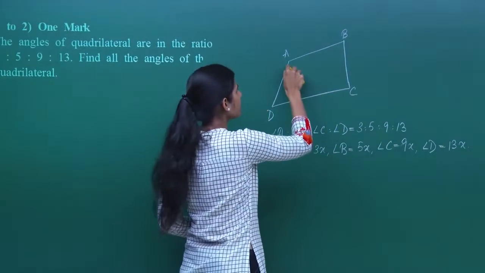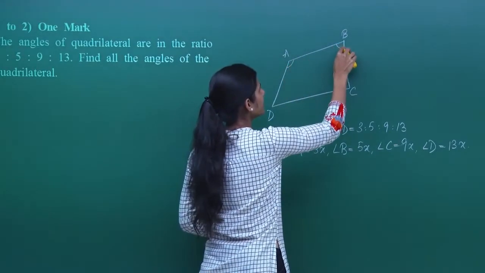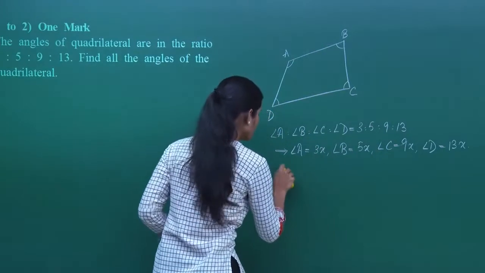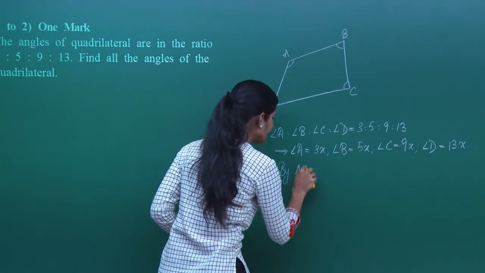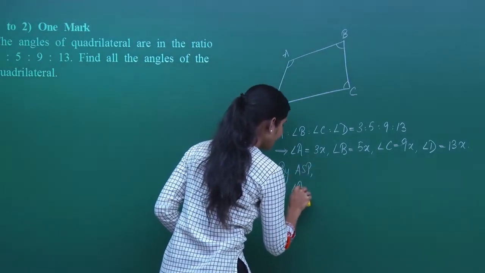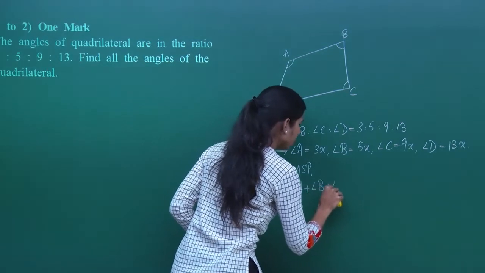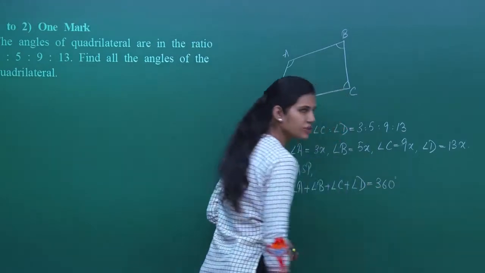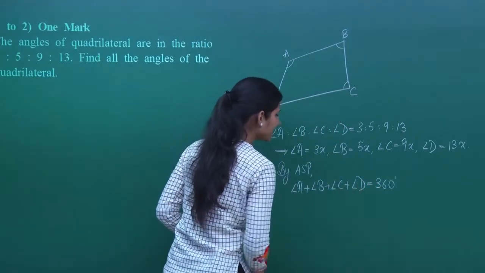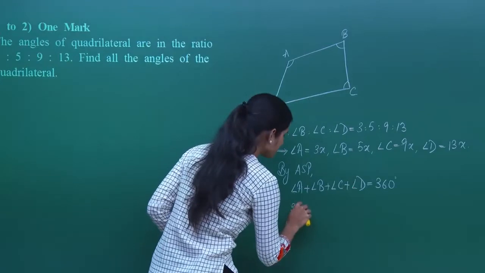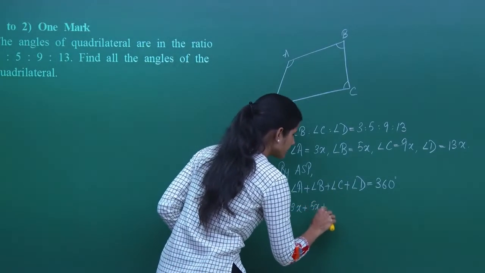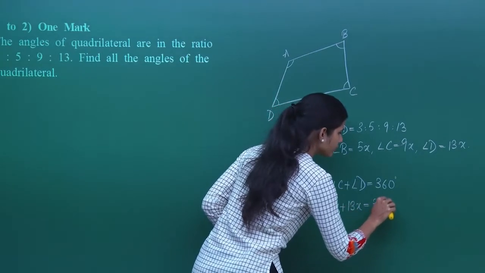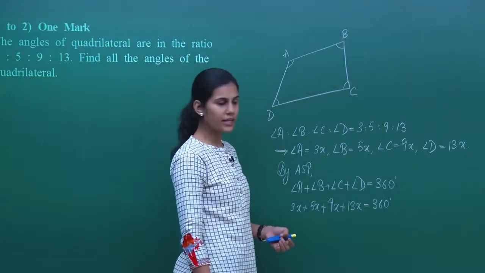By the angle sum property of a quadrilateral, I know that angle A plus angle B plus angle C plus angle D is 360. That means 3x plus 5x plus 9x plus 13x is 360, right?